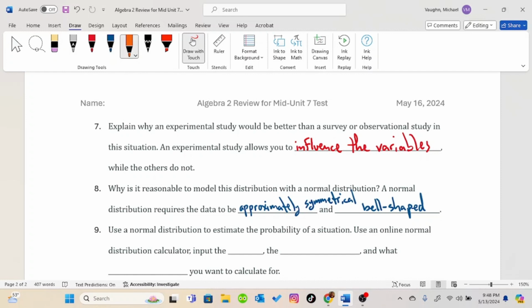And the way these work is that you need to input the mean, the standard deviation, and what area you want to calculate for. So you can tell it you want the bottom 50% or the middle 50% or the top 25%, something like that.